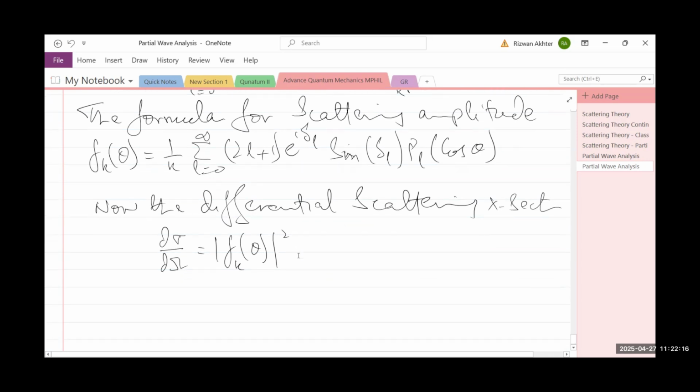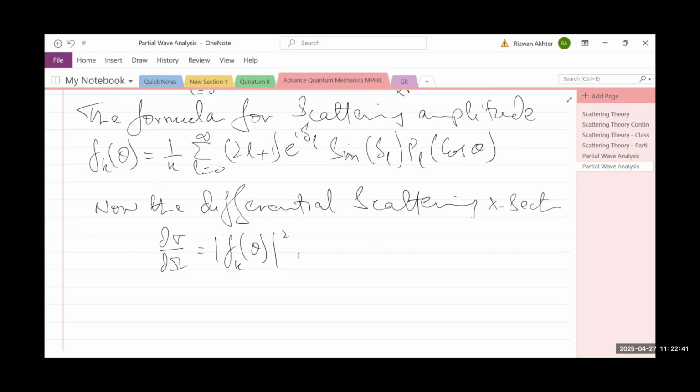Now this shows that in fact this fk, the scattering amplitude, would tend to zero when all delta L tend to zero. Delta L tending to zero means that delta sub L of k depends on the particle energy.